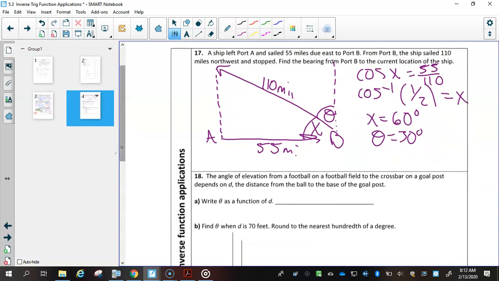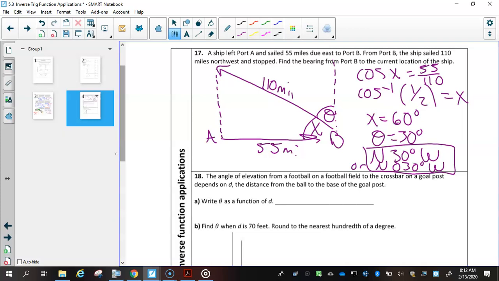And when you write bearings, it's a little weird. So in your book, they write it like this. But usually when you write bearings, it's 3 digits, not just 2. But either of those is fine.